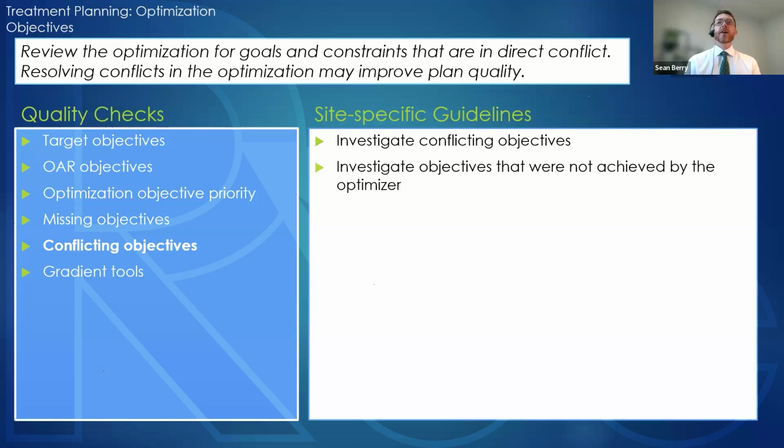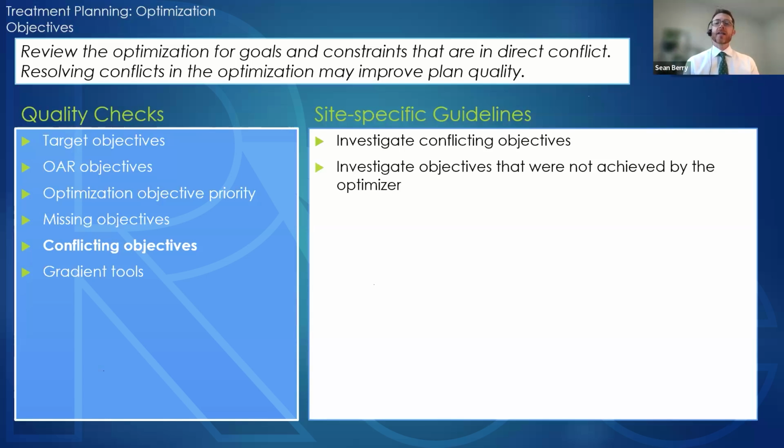The other thing to worry about are conflicting objectives. So for example, if you have a prostate PTV and a rectum and they overlap, if you're asking for 100% coverage of the prescription dose of the prostate PTV, and you're demanding that the rectal maximum dose is less than the prescription, you're introducing a non-physical contradiction, a conflict that is just not achievable.